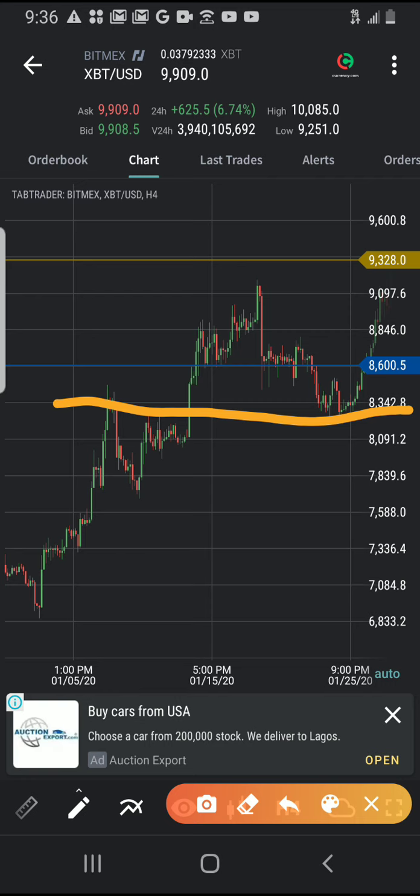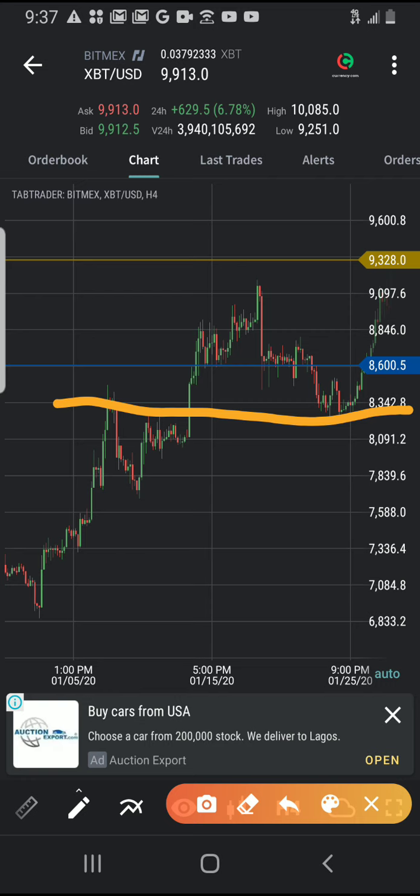That will help us to know that this is the price level where we can place a buy order, and when the market gets there, it pecks for us and goes back up. So guys, that's the second method of analyzing a chart and knowing when to buy and when to sell.